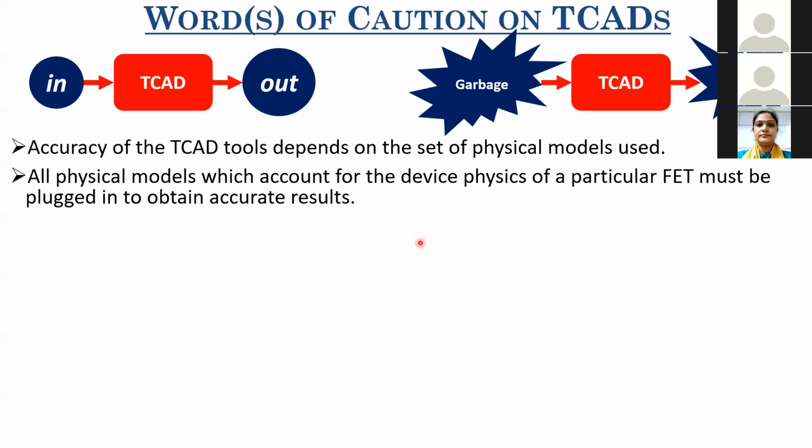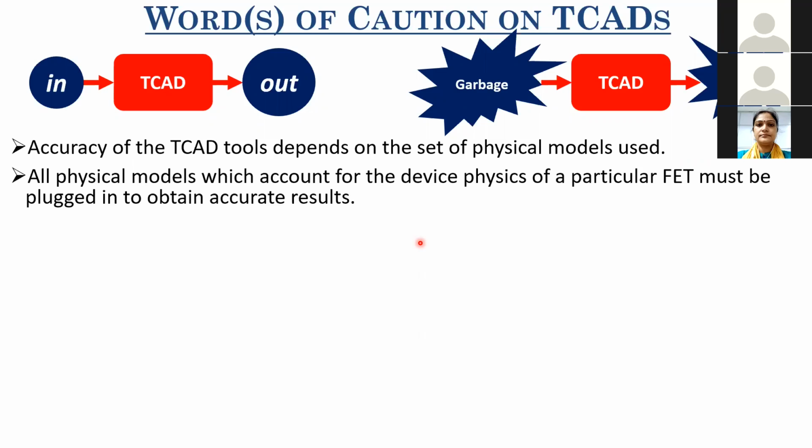Because of that surface roughness and those defects, the mobility of the carriers at the surface is not as smooth as it is in the bulk. So there comes something called surface recombination velocity. You have to consider this surface recombination in your TCAD in order to model your MOSFET perfectly.